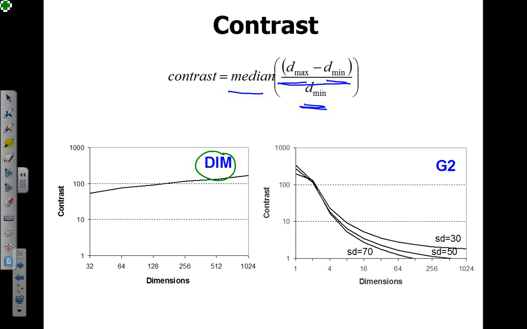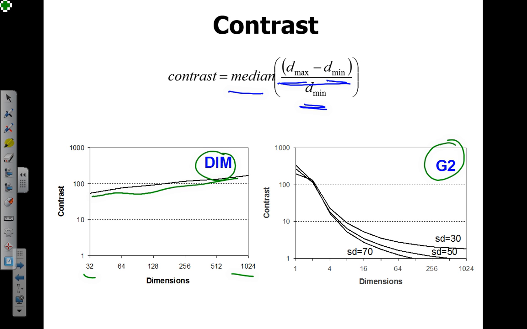With the dim data set, when the dimensions increase from 32 to 1000, we can see that the contrast is increasing. This is a logarithmic scale, so the increase is real, but not that strong. The higher the dimensions, the bigger the difference between the distances, which is understandable. With the G2 data sets, however, it actually goes the opposite way, and this reveals that these two data sets have something remarkably different.